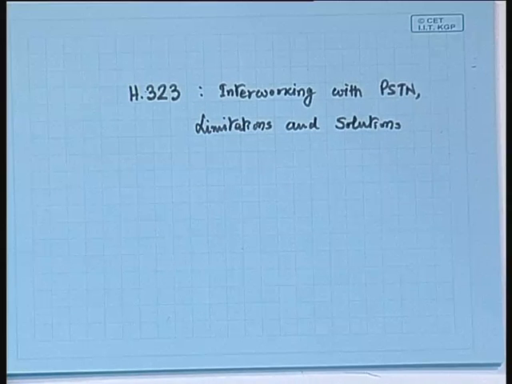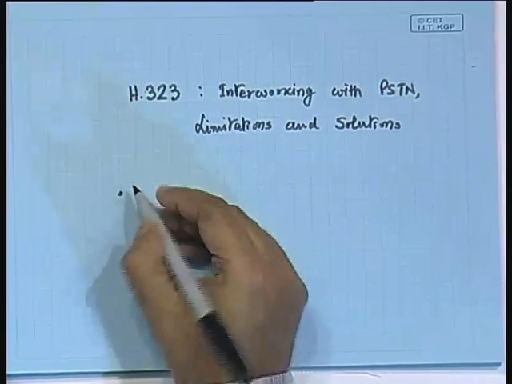Right from the very beginning, since the concept was thought of in 1995 or 96, in order to go in for a standard like H.323, this aspect was carefully considered: that it should have a very proper interworking with the PSTN, because typically the call setup scenario could be from anything, like one can have a phone to phone.